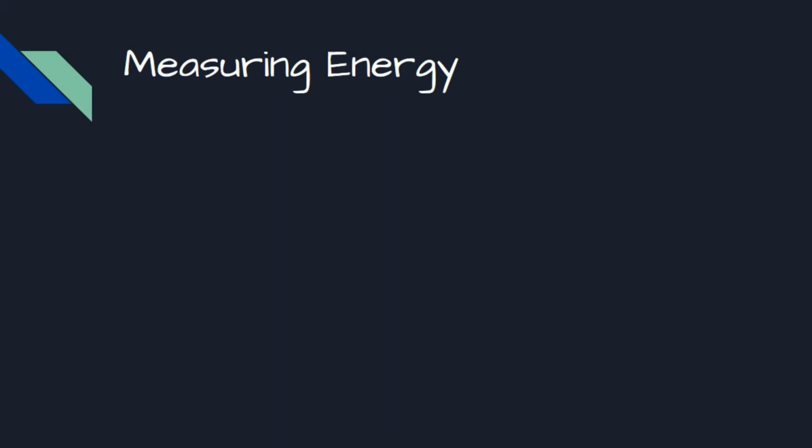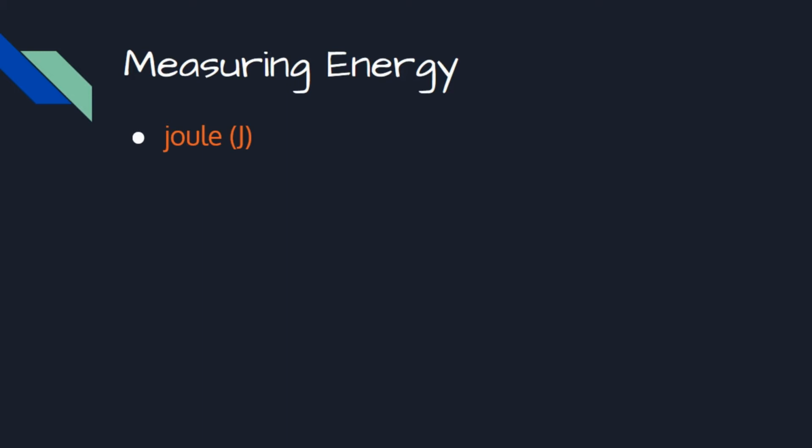And when we measure energy, the first thing that we need to do is define some units. We've got to have units if we're going to measure something. So the metric system unit for energy is called the joule, spelled J-O-U-L-E, and the symbol is a capital J. Hey, at least this one makes sense.